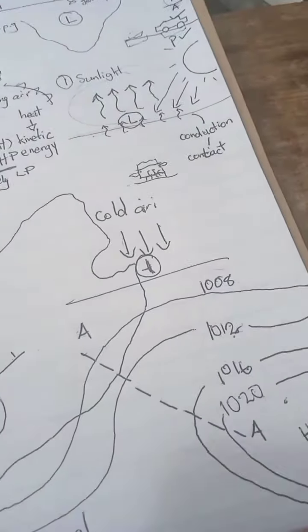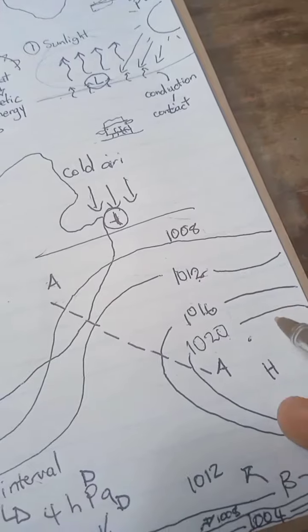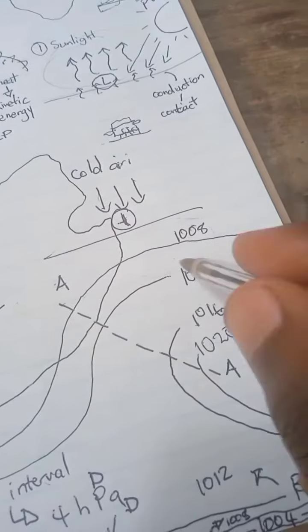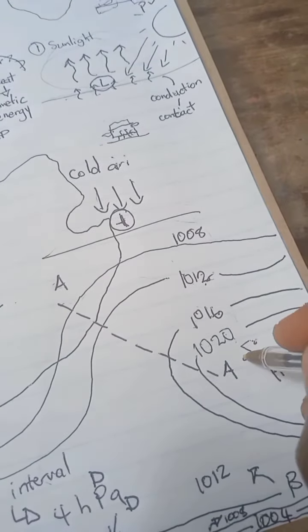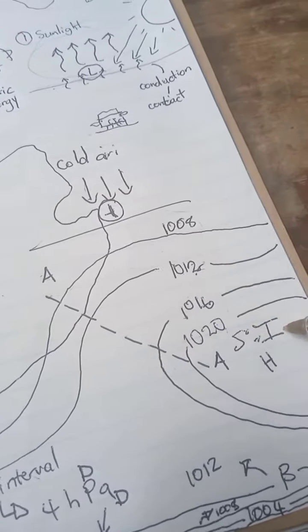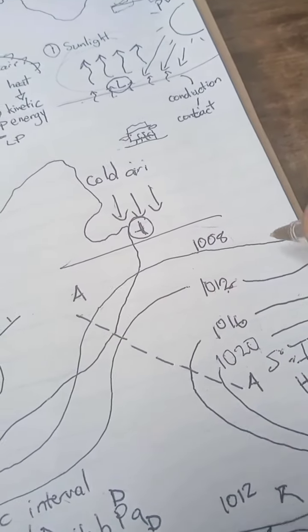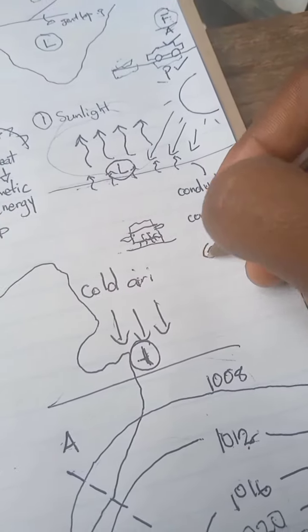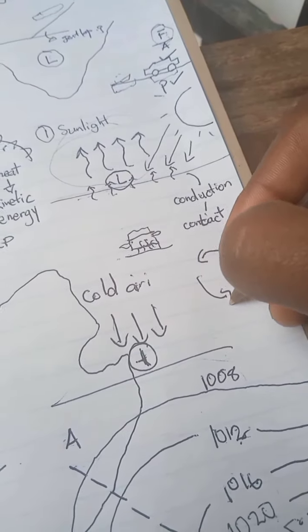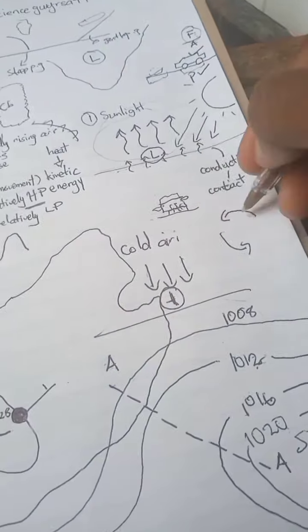The reason it's coming from the northeast is because you have, illustrating here, the South Indian anticyclone, and each and every anticyclone has an anti-clockwise circulation.